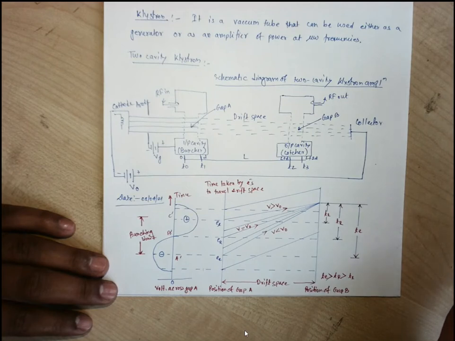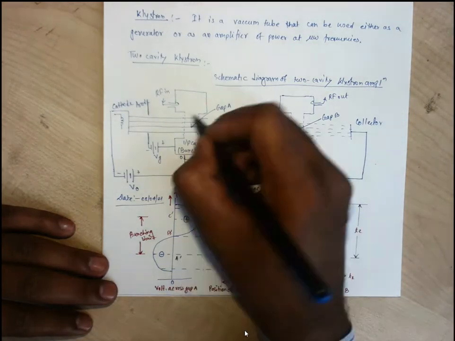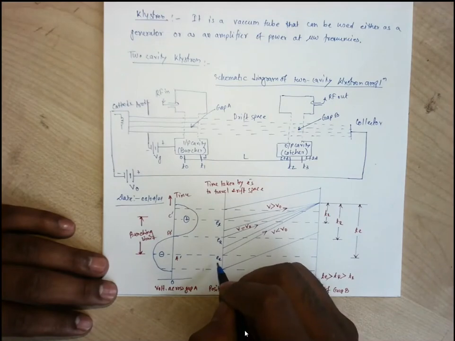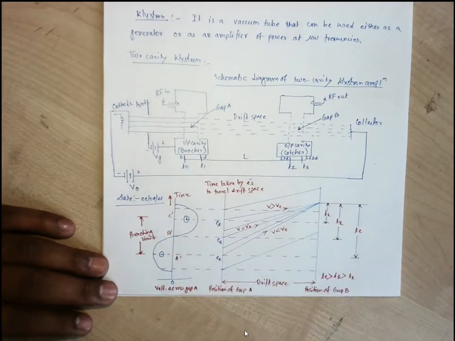They have been repelled, so they will get decelerated. They will move with a velocity which is lesser than the reference velocity V naught, because they appear before the reference electron as well as before the late electron.